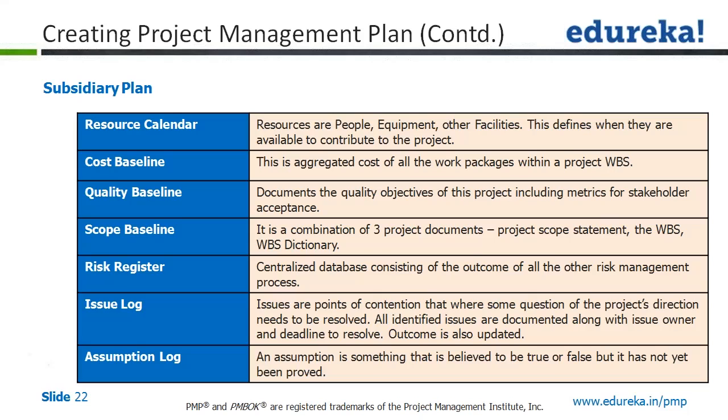And three main items, which are cost baseline, quality baseline, and scope baseline. These are the three items which are again the input back to the develop project management plan.